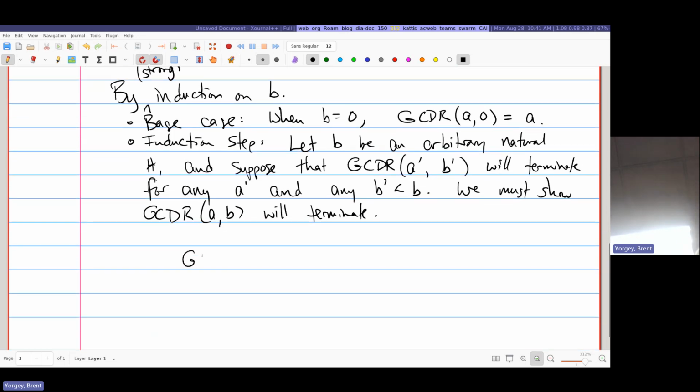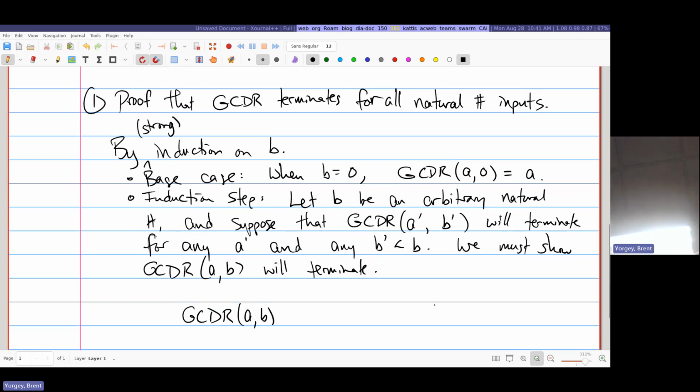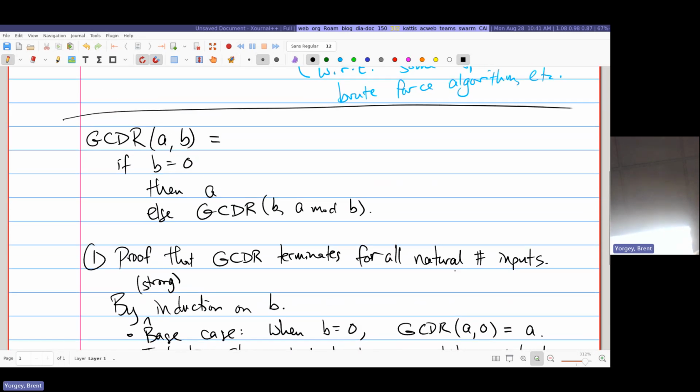Well, GCDR of A, B, because we already handled the B equals 0 case, we know that the algorithm is going to take the else part.